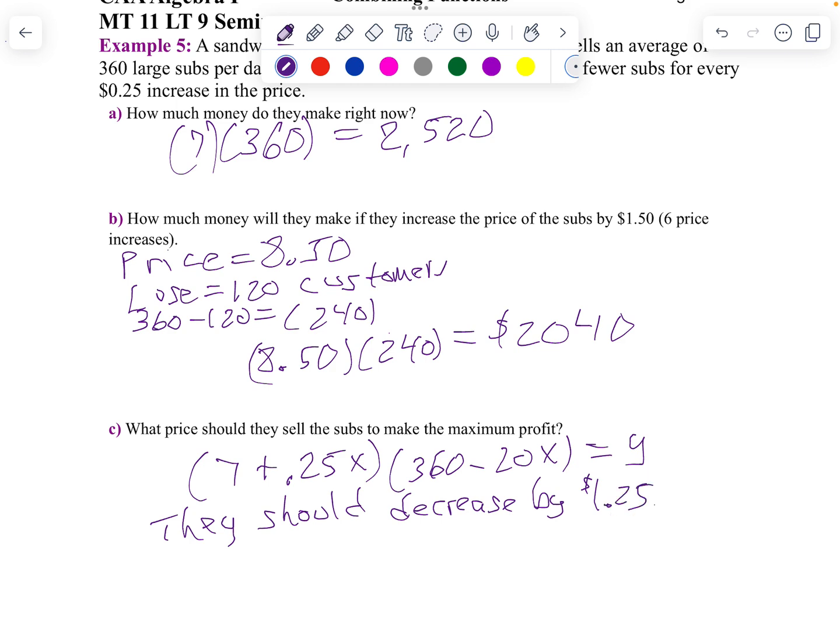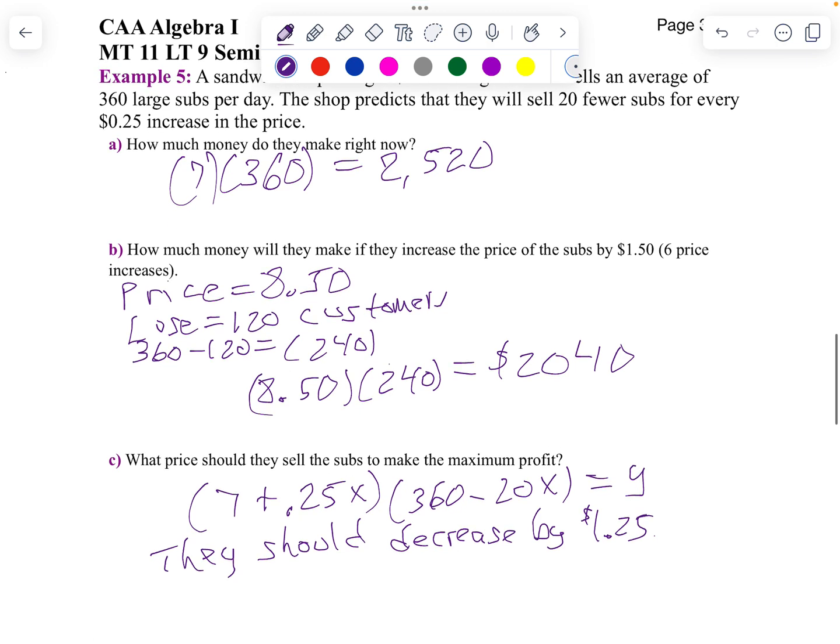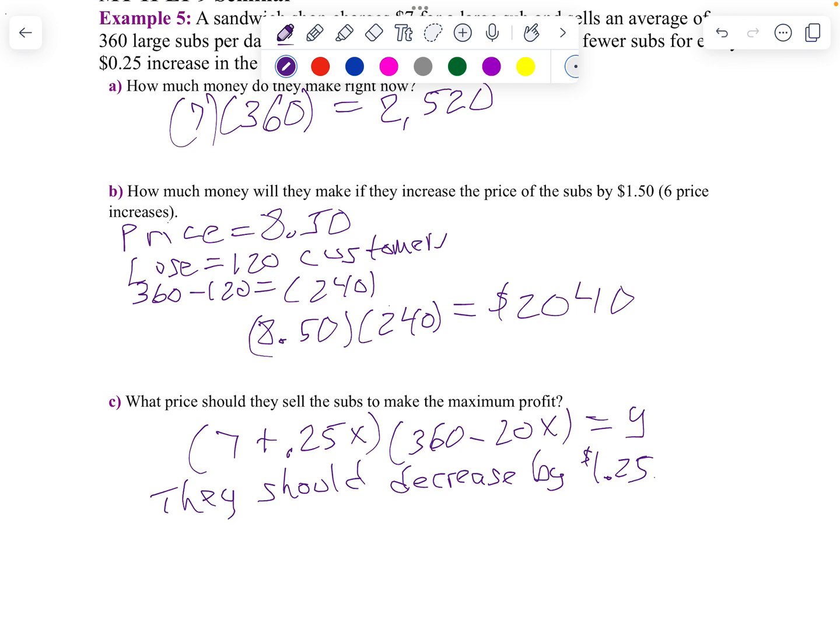So to make the most money, they should be selling that for $5.75. So a sub should cost $5.75 to make the most money.